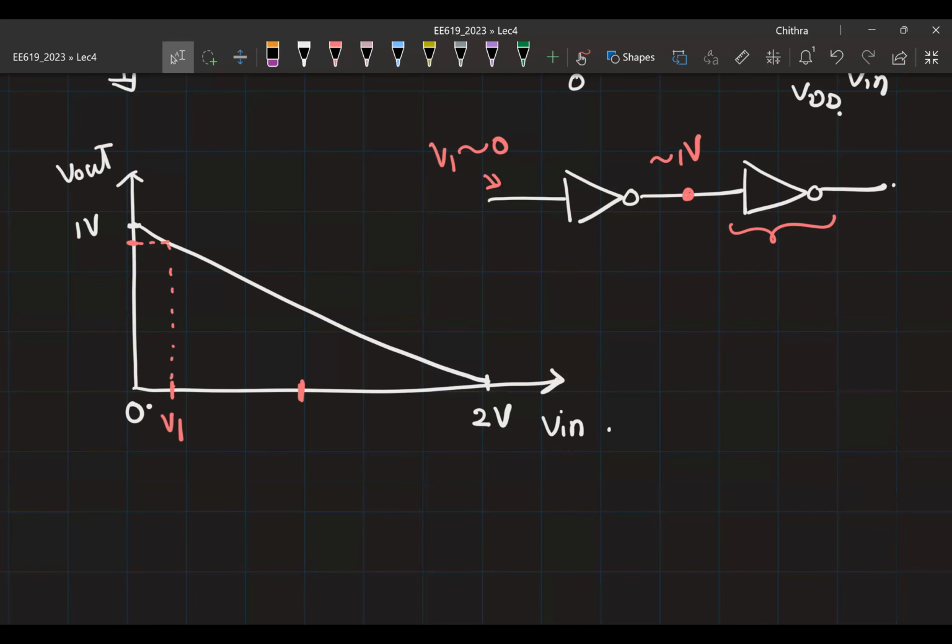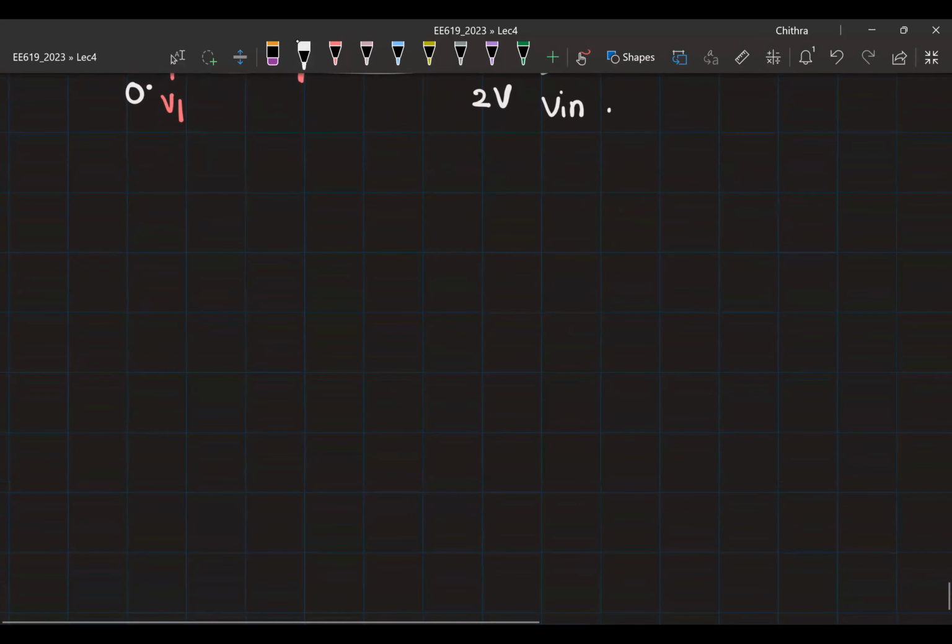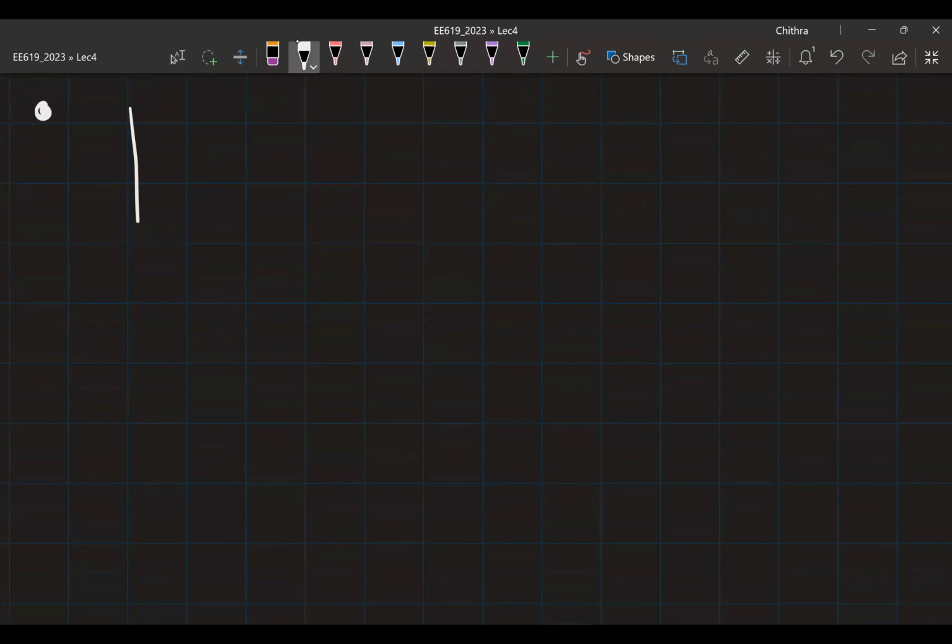Is this clear? Okay. So now let me give you 4 voltage transfer characteristics, and then you can tell me if there is a preferred VTC among all of these. This time, let me assume that both ranges are the same.